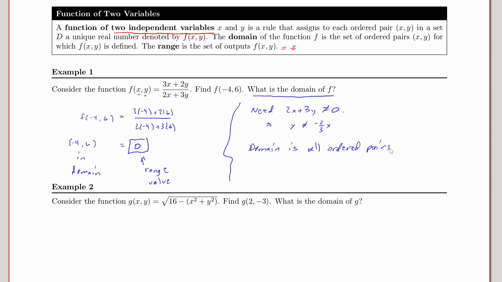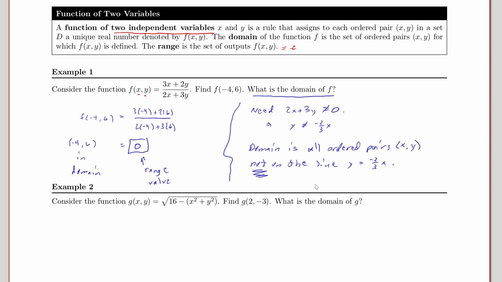Everything looks just like what you've seen in previous courses. There's just an extra variable. So all ordered pairs x, y, not on the line y equals negative 2/3 x. Not on that line. Okay.